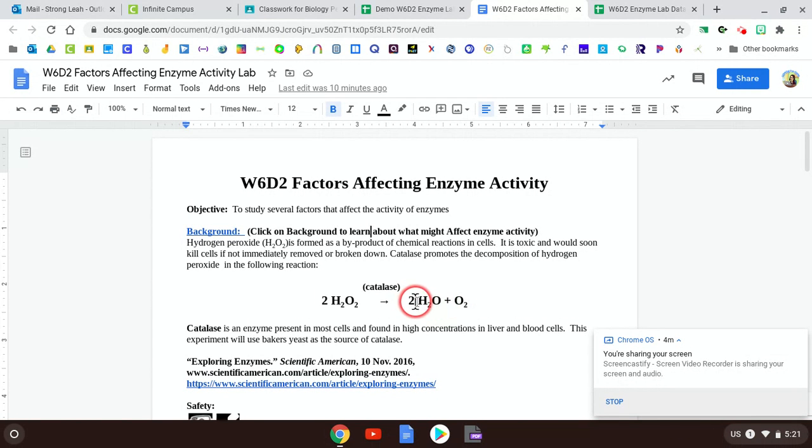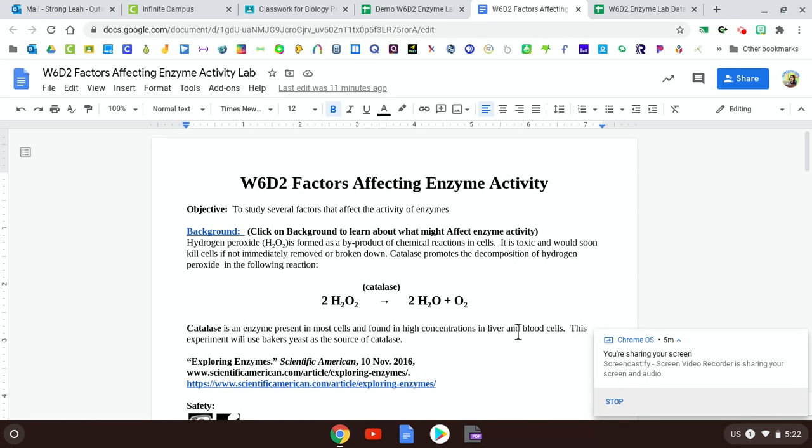Now remember, water at room temperature is mostly a liquid. Oxygen, however, is a gas. So a catalyst, reminding you guys, a catalyst is an enzyme. It's present in most cells and found in high concentrations in the liver.